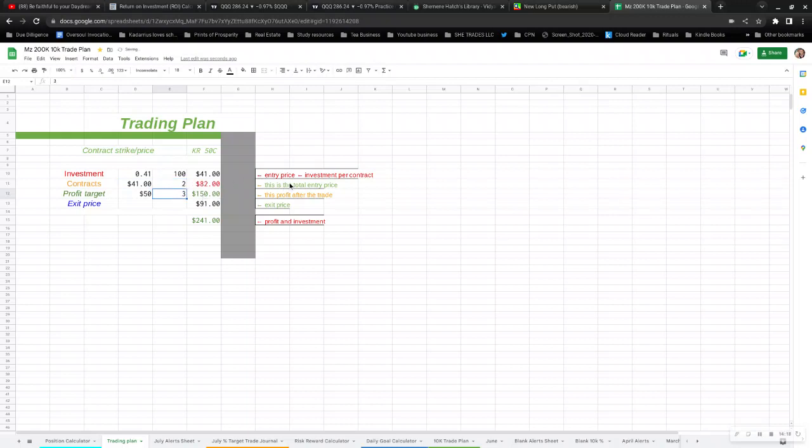So this tells me here, this is the total amount entry for the price. So this is the amount per investment, per contract. This is the total I will be looking to see if the probability goes in my direction.